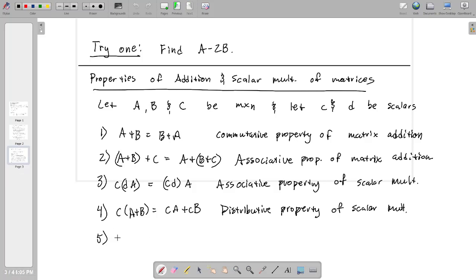Suppose that we have two scalars that are being added together, c plus d, and we're multiplying by a matrix A. Then we can still distribute the matrix A into the sum of the two scalars, so c times A plus d times A. This is also the distributive property of scalar multiplication.